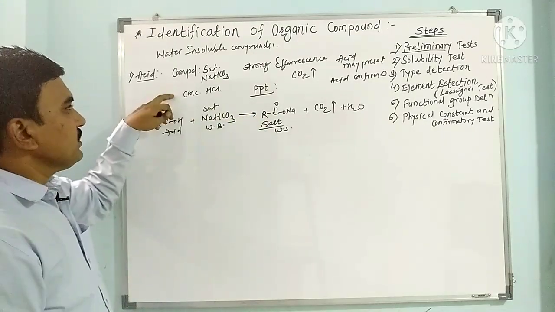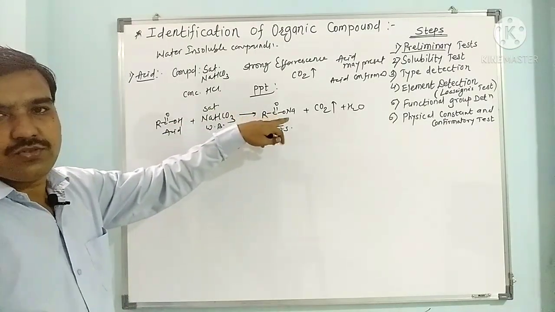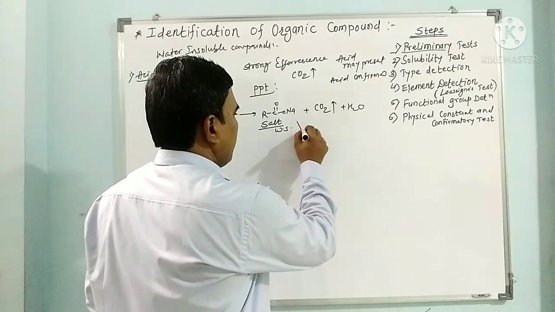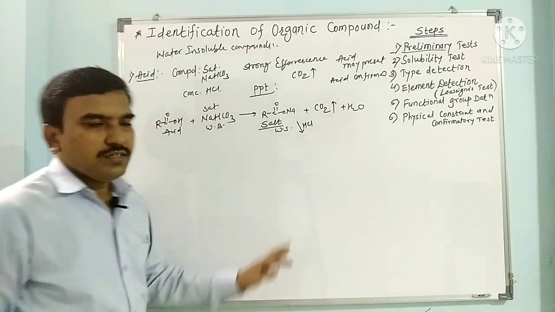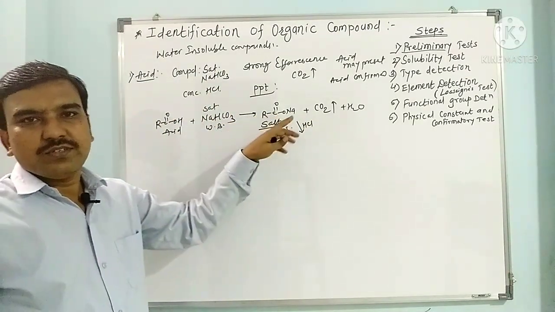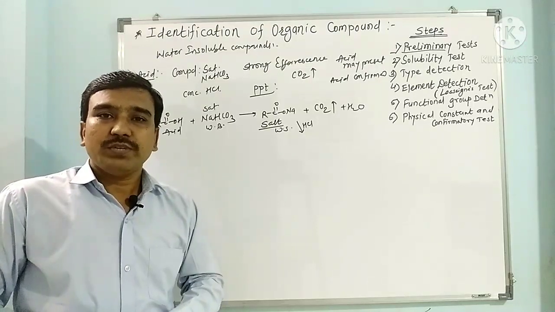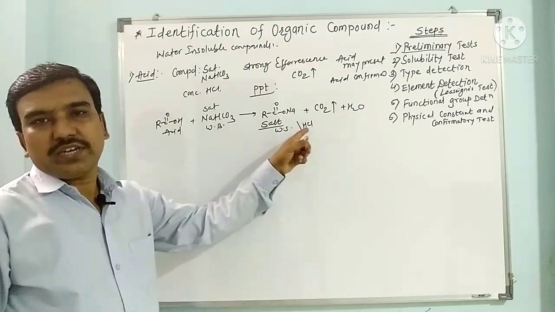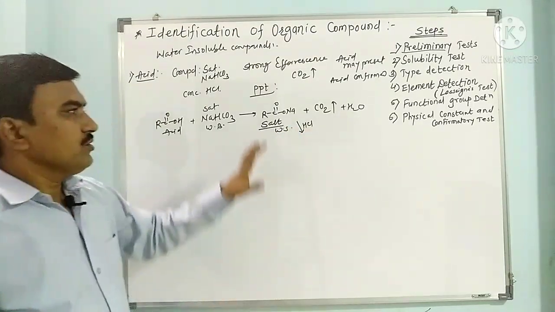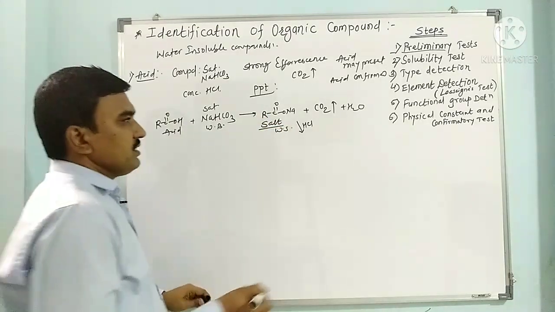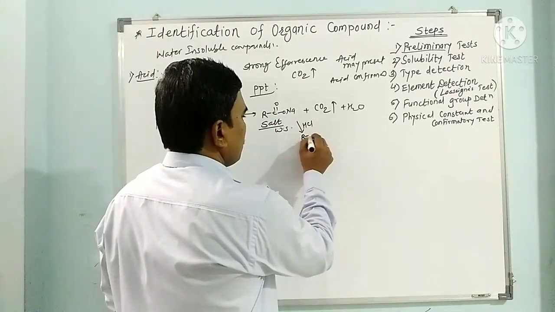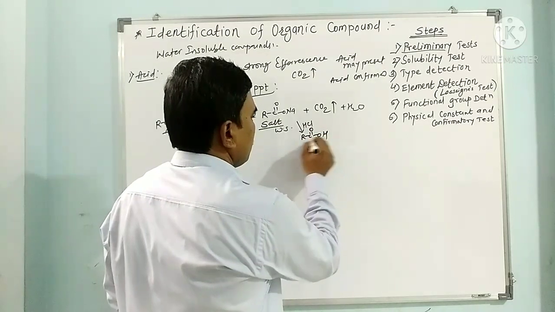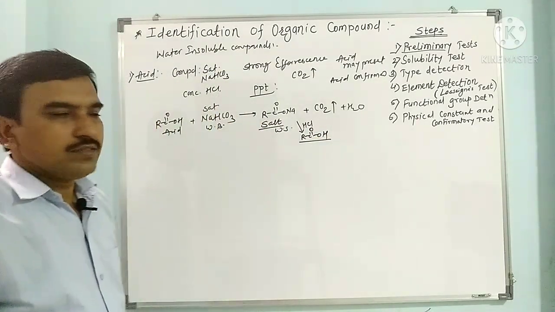Now in the second step, we decompose this salt by adding HCl. This is the salt of acid, so we have to break the salt of acid by adding a strong acid. HCl is a strong acid. When we add HCl here, RCOOH is released freely from this mixture.